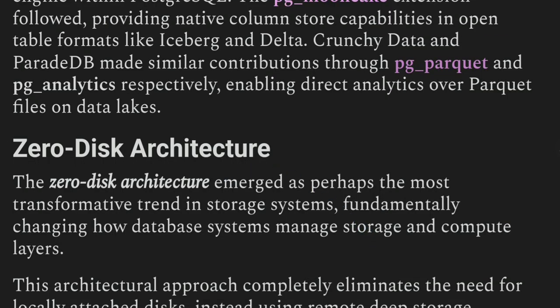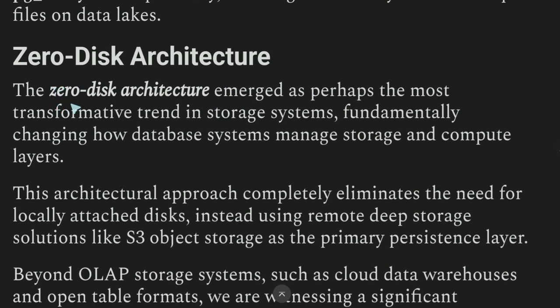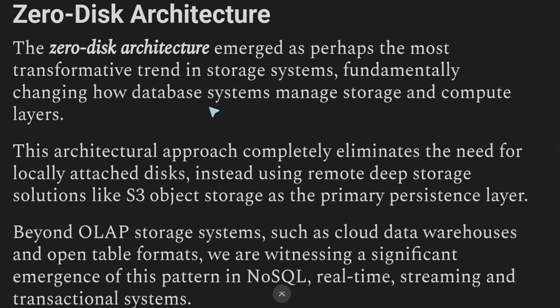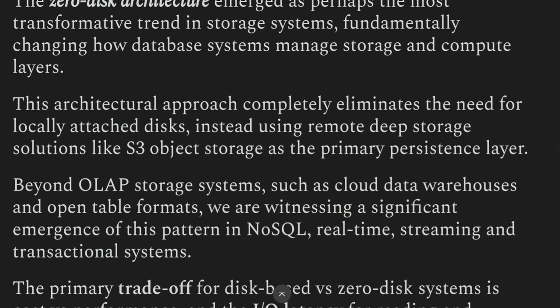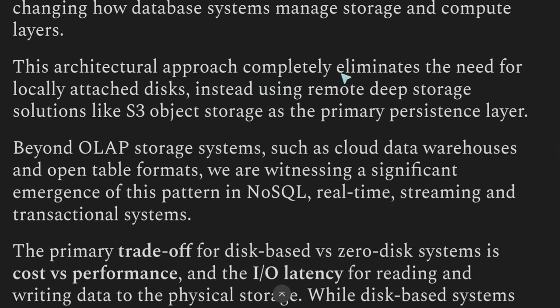Let's continue with this. Zero disk architecture. The zero disk architecture emerged perhaps the most transformative trend in storage systems, fundamentally changing how database systems manage storage and compute layers. This architectural approach completely eliminates the need for local attached disk, instead using remote deep storage, so completely remote storage.